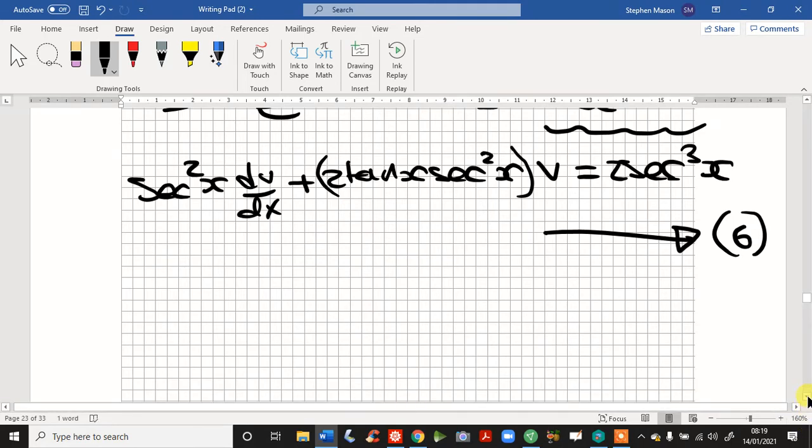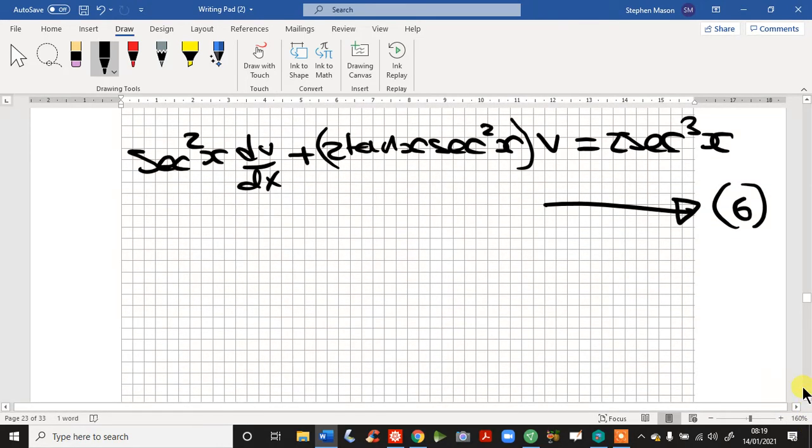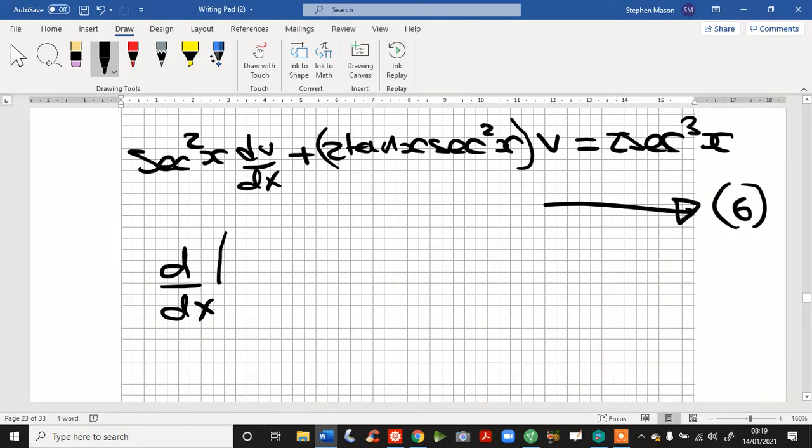Now, the left-hand side is quite easy to integrate. So what we could do first of all is write it in differential form. So we've got d by dx of sec squared x. You always write that down first. Sec squared x. And of course we've got this v here.